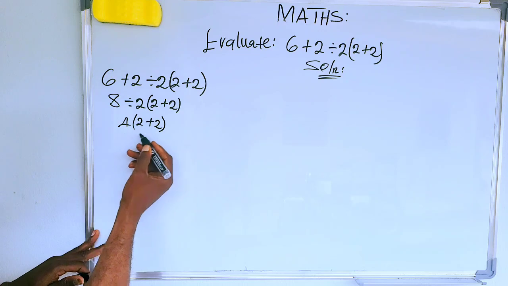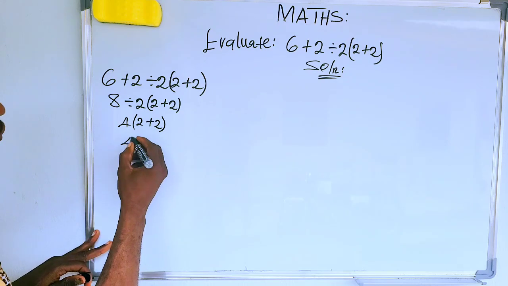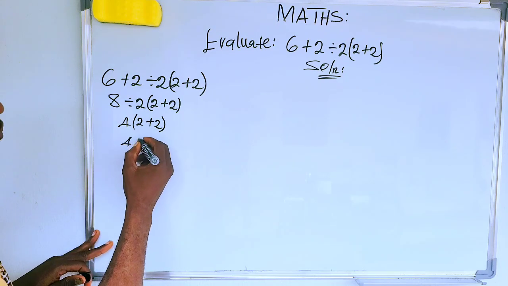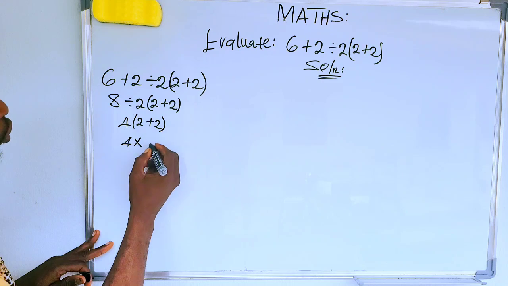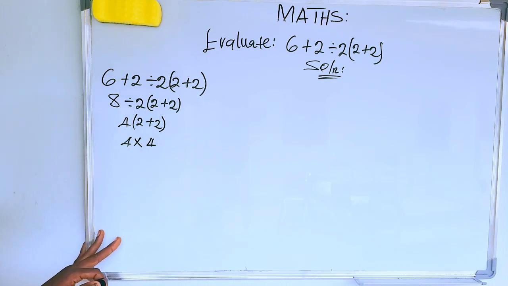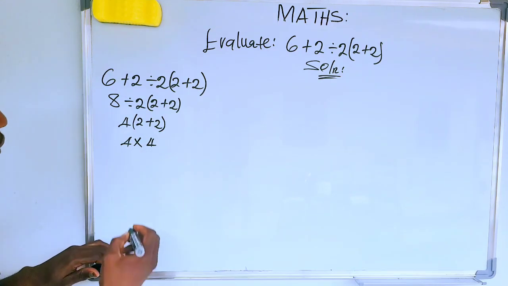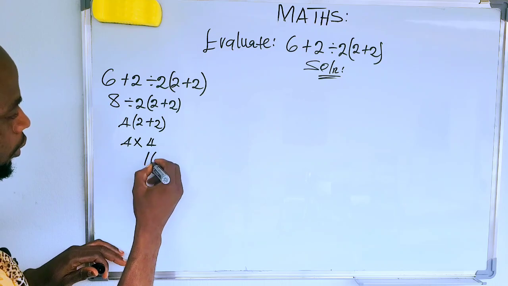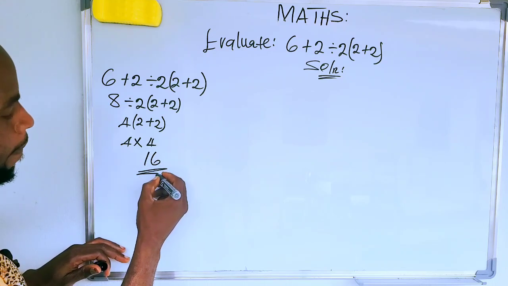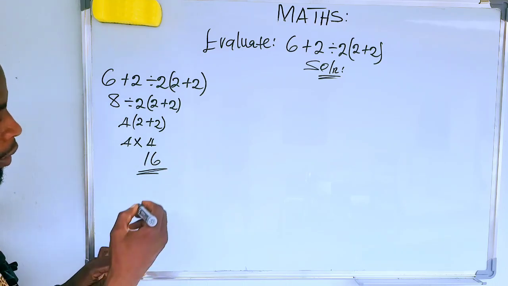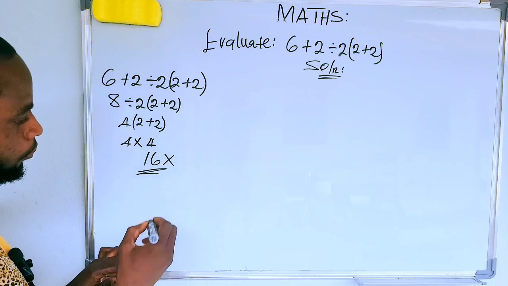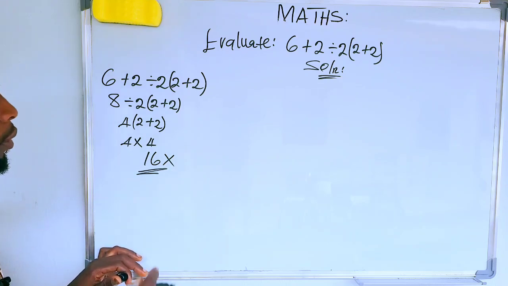Then they will now simplify this. We have 4 multiplied by (2 + 2), that gives 4. Let's multiply this out. 4 times 4 gives 16. But this answer is wrong. This is the wrong approach of simplifying this.